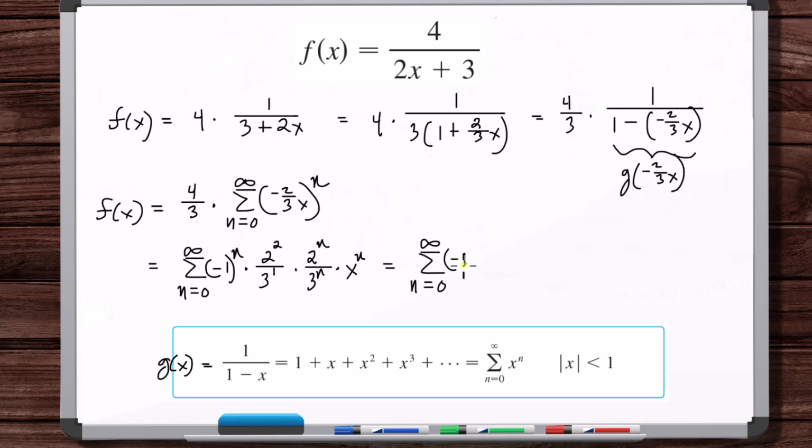So minus 1 to the n, and then you've got 2 to the n plus 2 over 3 to the n plus 1, x to the n. Yeah, there we go.